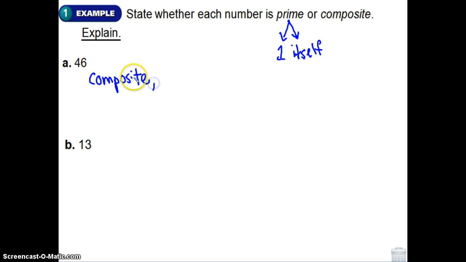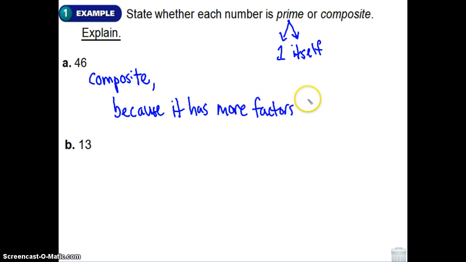And why would you say it's composite? Because it has more factors than just 1 and itself. What about the number 13?